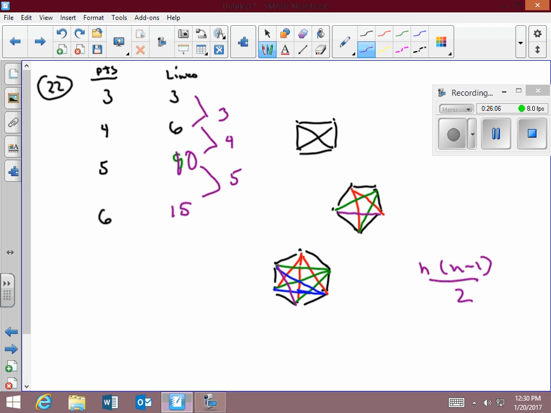We did something like this in another class, but I can't remember exactly which one. But that looks very familiar. Whenever the difference between these goes up by 1, it's always n times n minus 1 over 2. Seems to me like.